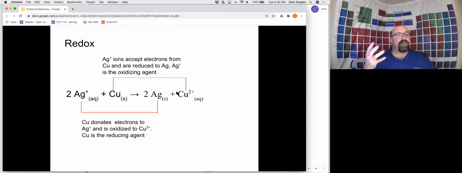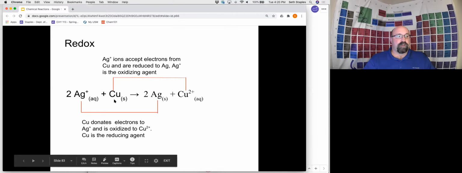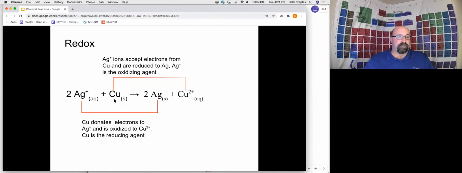Now, another way to think about this is that since copper is being oxidized, silver is causing copper to be oxidized. Therefore, silver is the oxidizing agent. Silver is making the other species become oxidized.